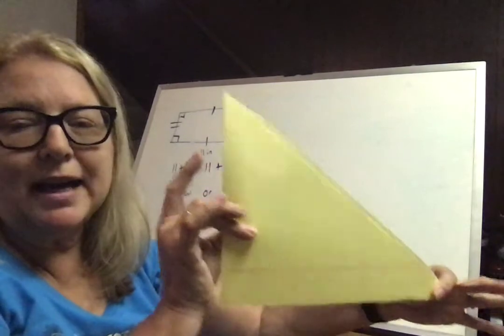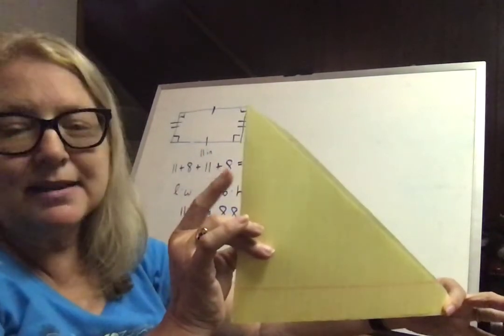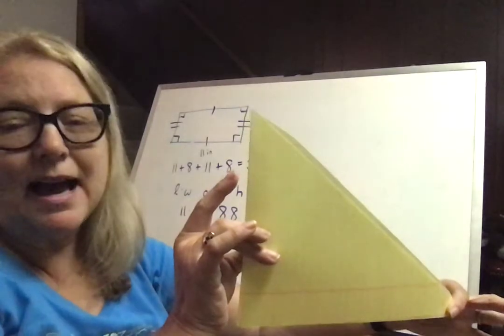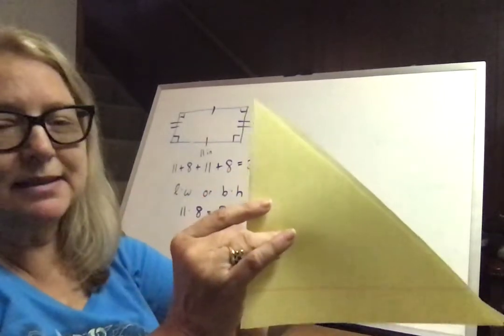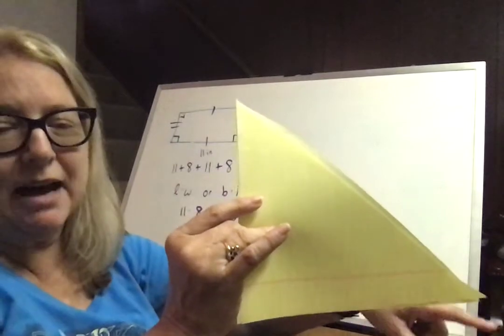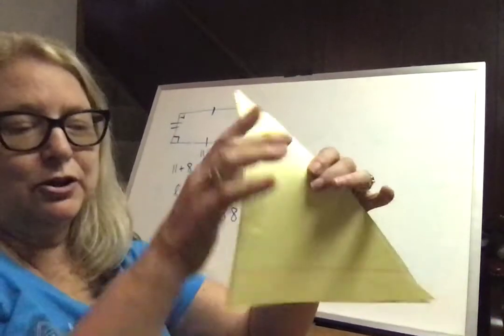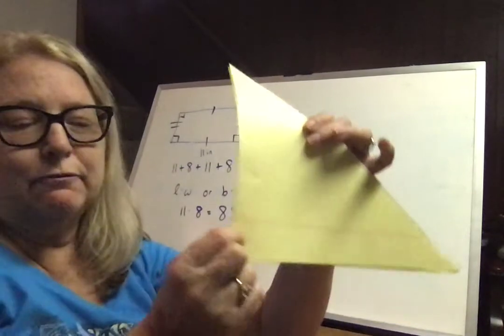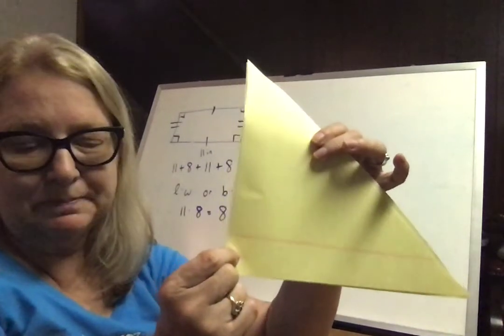And they are a triangle. And so triangle area formula, a half times base times height, or a half times length times width. Those two, length and width, or base and height, forming a right angle.